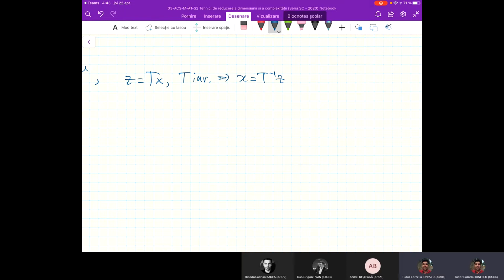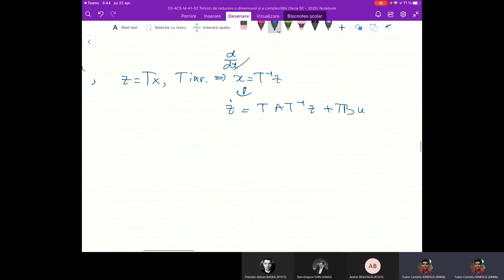Then you apply the derivative d/dt, and we remember from the change of coordinates that z dot is T A T inverse z plus T B u, and y is C T inverse z, not x. This is a simple application of a change of coordinates.